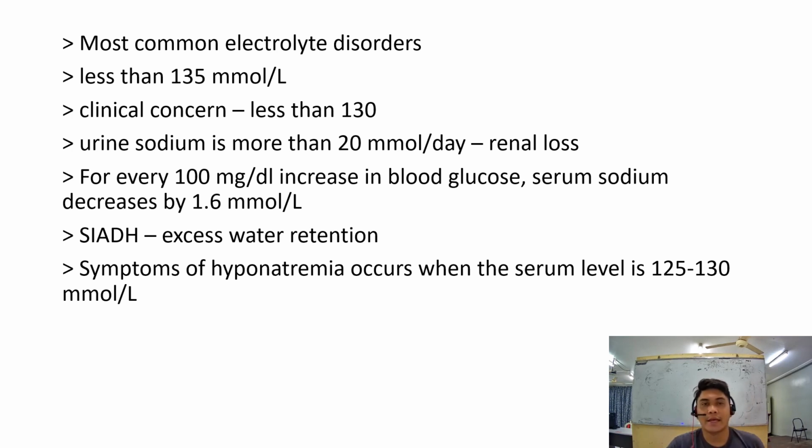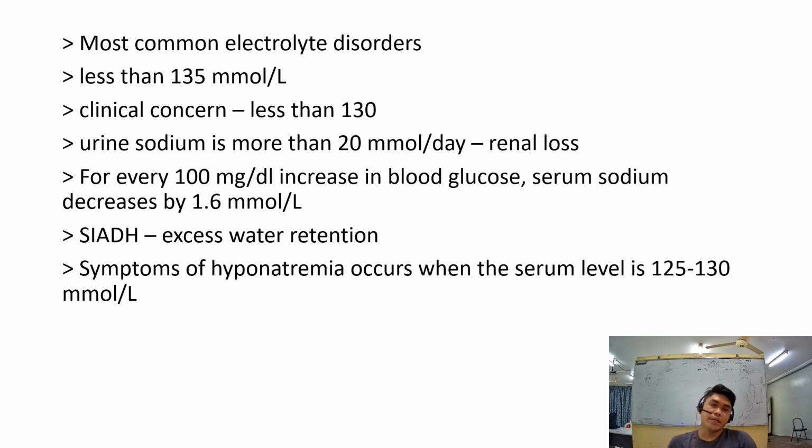If the urine sodium is more than 20 millimoles per day, the reason for the decrease in plasma sodium concentration is renal loss. If it is less than 20 millimoles per day, the reason for the decrease in plasma sodium concentration is extrarenal, meaning it's not because of renal loss.